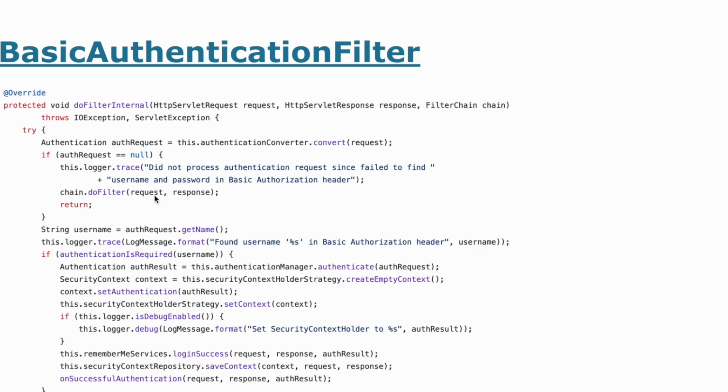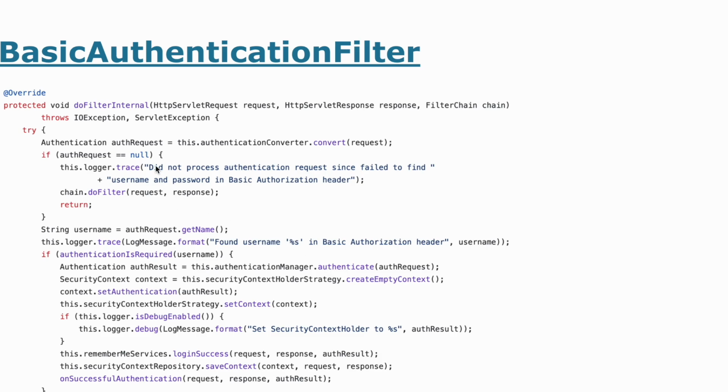Again, this basic authentication filter extracts the username and the password from the HTTP basic header, provided the header is present. If it is present, then it goes on to authenticate the credentials against the authentication manager, which can be database based or LDAP based and many other kinds of authentication, but that's a different story.